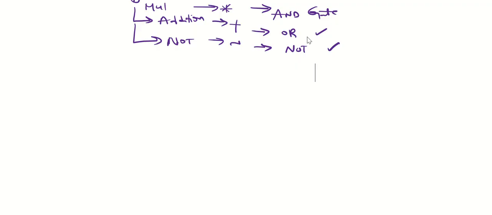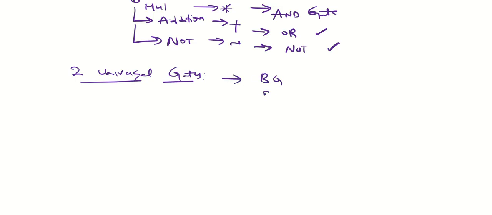Next, 2 are universal gates. Why are these 2 universal gates? To implement any gates, like basic gates and special gates, we can do so by realization of NAND and NOR only. That's why these 2 are universal gates.